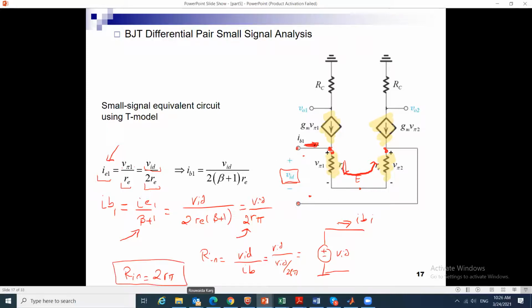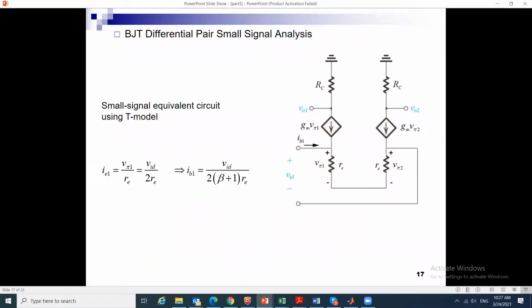Okay, so the input resistance now, since VID is connected to the bases of two transistors, if we go back and draw it for the circuit, if we look at the two transistors and assume that this is a common ground, since it is connected between them, I will see the two R pi in series, because there is R pi from here to here and R pi from here to here.